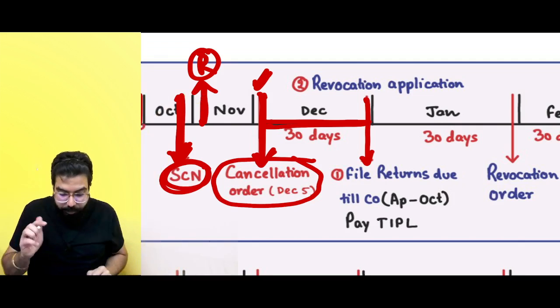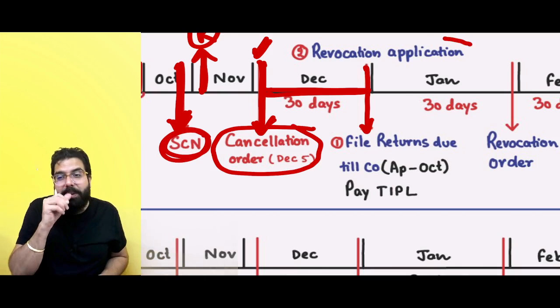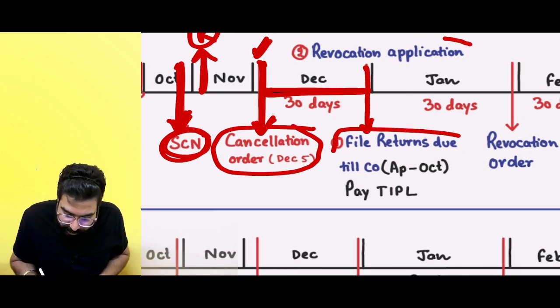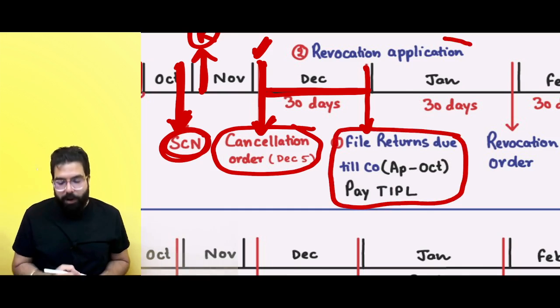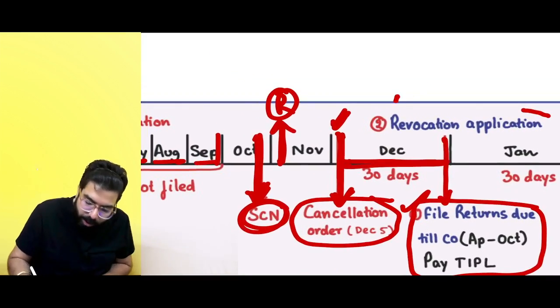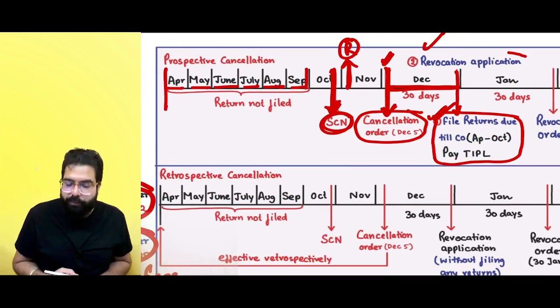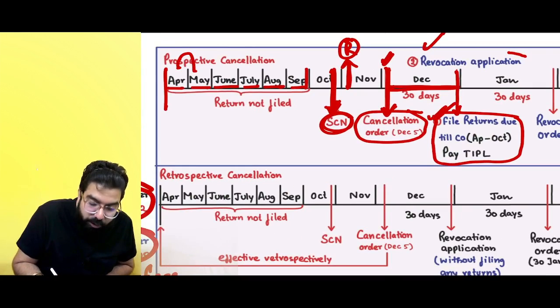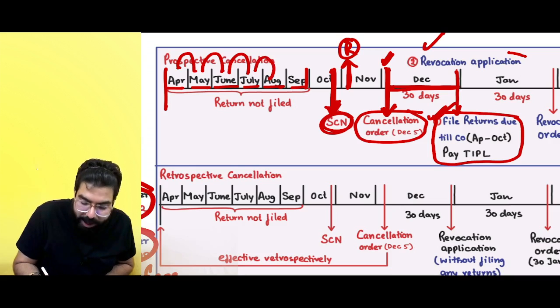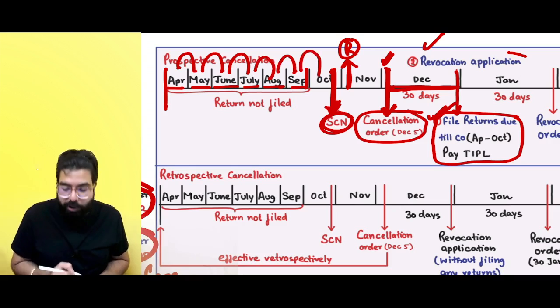Done, sir. Now, when you are giving your revocation application, always remember the first step: whatever return is due, please file it. Pay all the taxes, interest, penalty and late fee and file your return, and then apply for revocation. Which returns will you file? April month's return was due in May, May's in June, June's in July, July's in August, August's in September, September's in October.